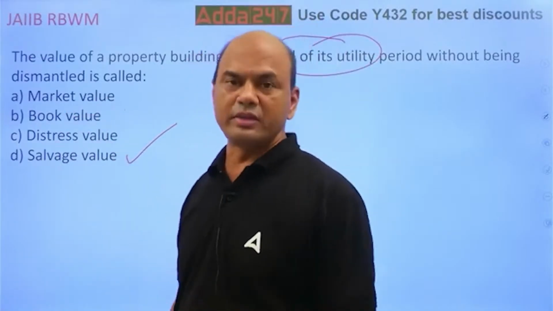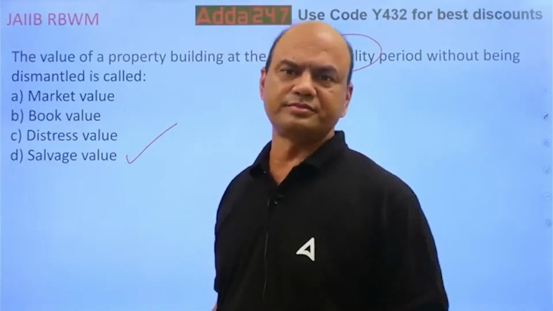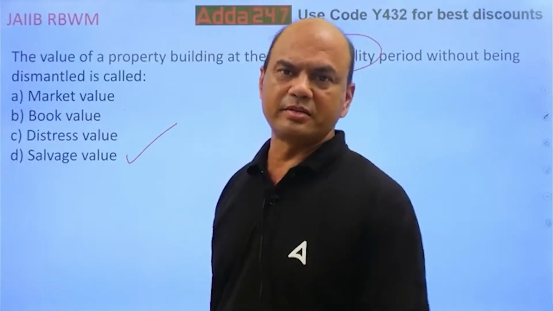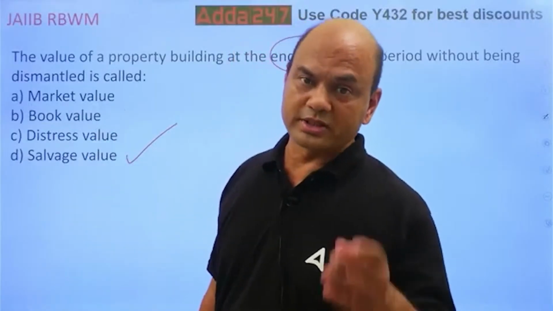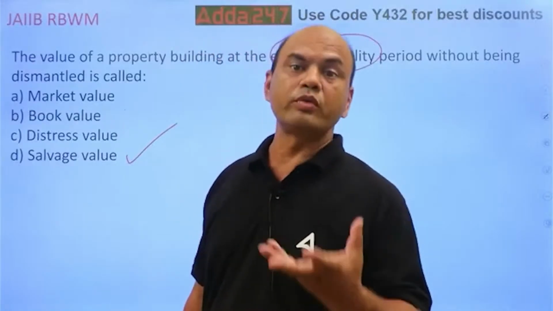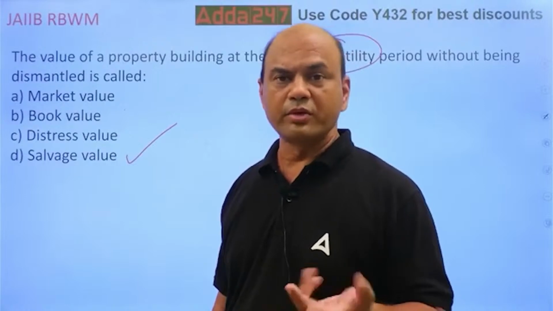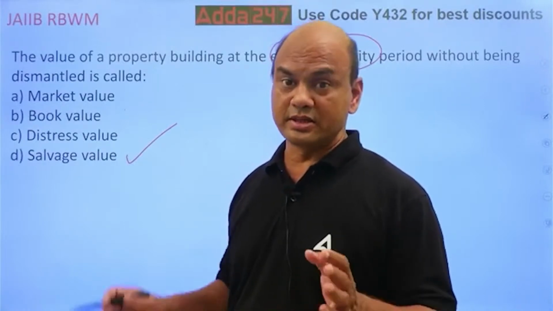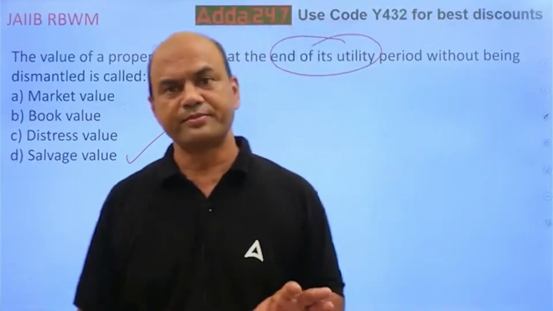Remaining three. Market value. Market value means what is the property right now selling at? Similar property selling at what rate? Book value. Book value means what? See, understand the meaning of book value. Book value means core value, inside value. What is the book value in, let's say, here, let me discuss only of property. There are book values are of various types.